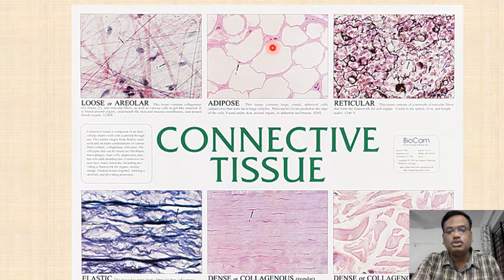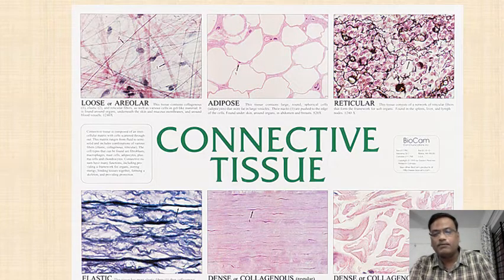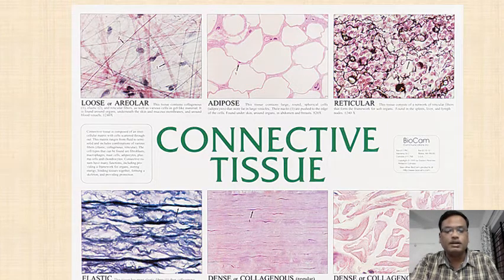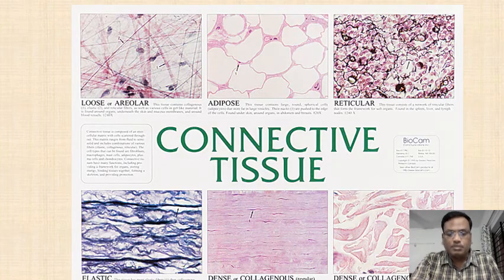This is adipose tissue, where the tissue is mainly occupied by the adipose cells which store lipid or fat. This is a reticular connective tissue where the fibers are more in number, and this is elastic tissue, where the tissue contains mostly elastic fibers, and this tissue is elastic in nature. So this is a dense tissue, where collagen fibers are more in number.